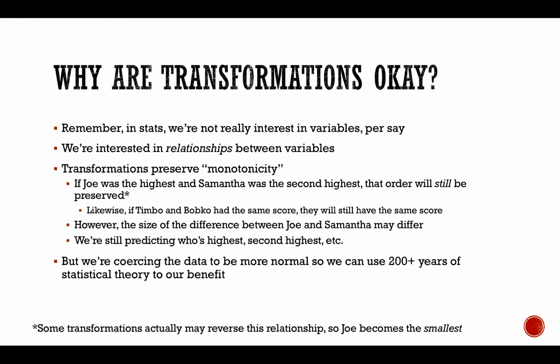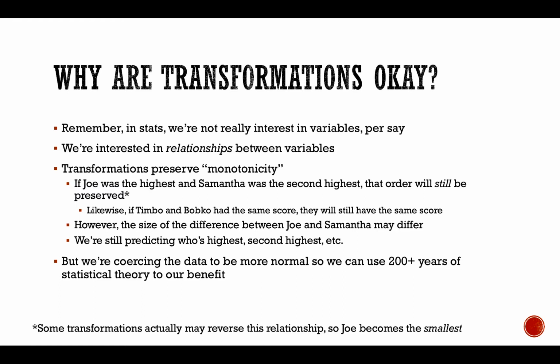So transformations preserve what we call monotonicity. That's just a big fat fancy word for saying if one variable was higher than another before transformation, it's still higher than the other after transformation. So for example, if Joe was the highest and Samantha was second highest, the order will still be preserved.